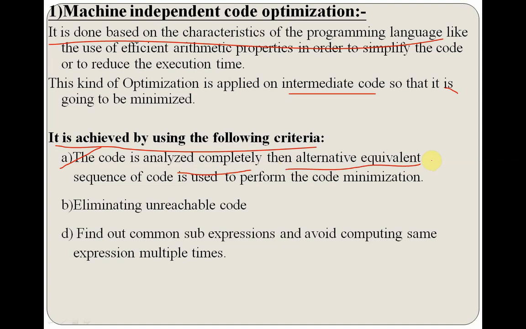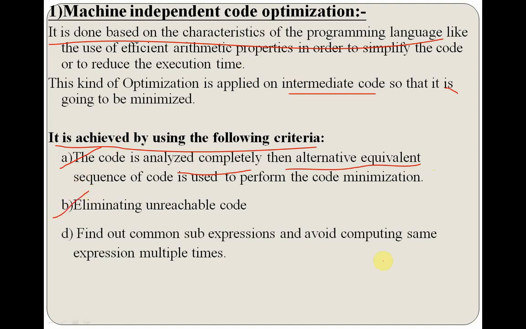That means we will analyze the code, either simple statements, some group of statements, or the entire program, whatever the case. We will analyze the intermediate code, and we will try to prepare alternative equivalent statements for that sequence of code. So instead of this I can write this, but I get the same meaning. By that way I can minimize the intermediate code.